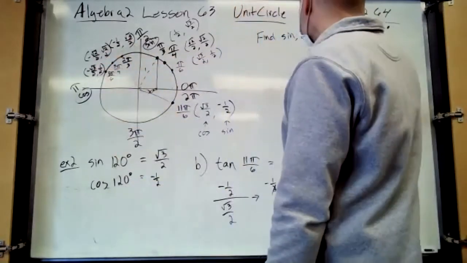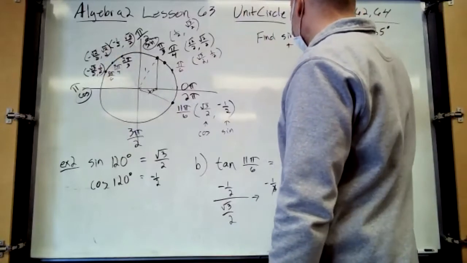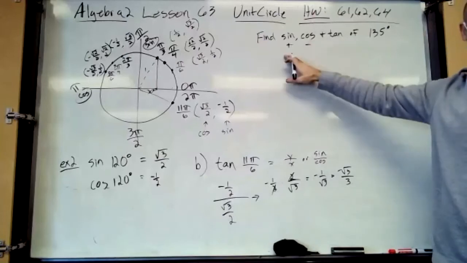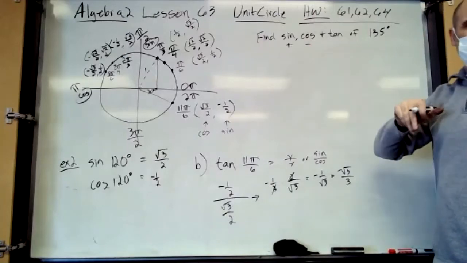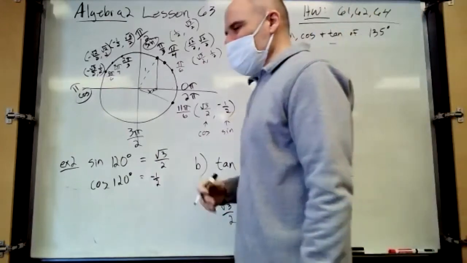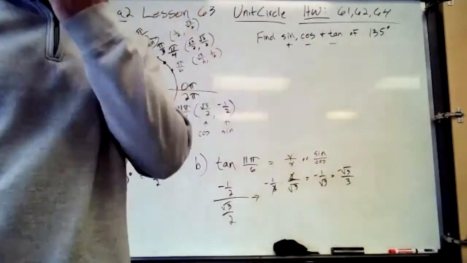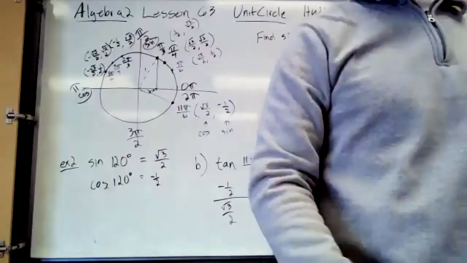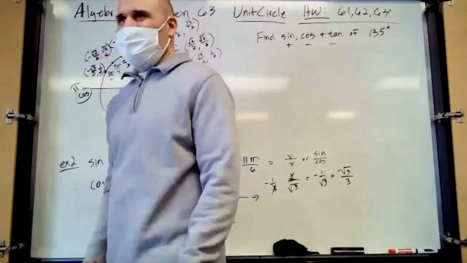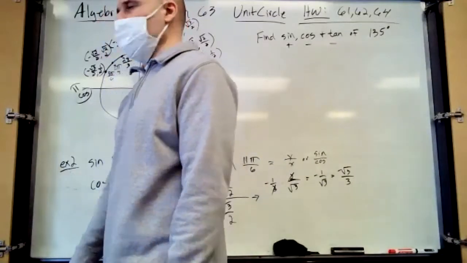So that means my sine is going to be positive, my cosine is going to be negative, and my tangent, remember, is sine over cosine, so what's a positive divided by a negative? Negative. So when you're dealing with a 135 degree angle, that's going to give you one of those 45 degree angles that you have to deal with.